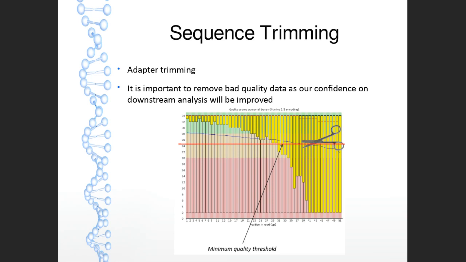Another trimming step that we can make is to trim any low quality bases off the ends of our reads. So when we look down our read, we can tell a trimming tool we want to take off any bases from the 3' end of our read that fall below a particular quality cutoff. So in this example, that little red line.